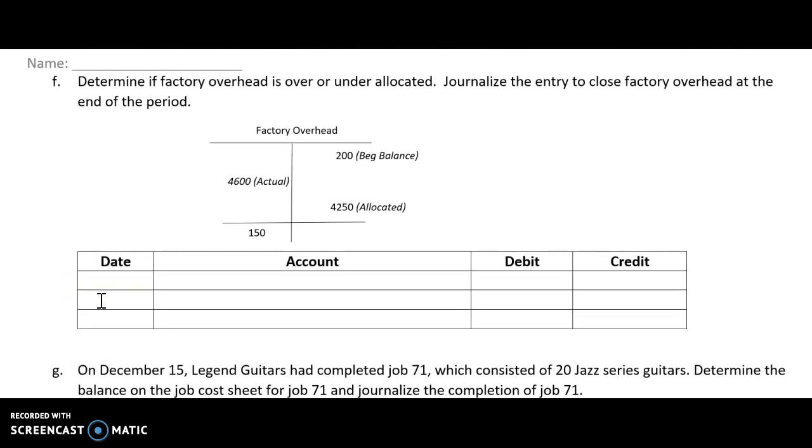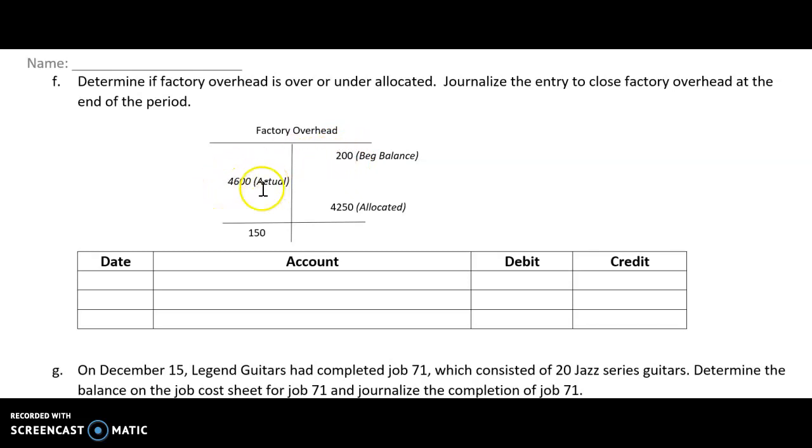All right, determine if factory overhead is over or under allocated. Journalize the entry to close factory overhead at the end of the period. Okay, so at the end of the period, we're going to look at factory overhead. We're going to see whether or not we over or under allocated. So if I look at my factory overhead account, I started off with a $200 credit balance.